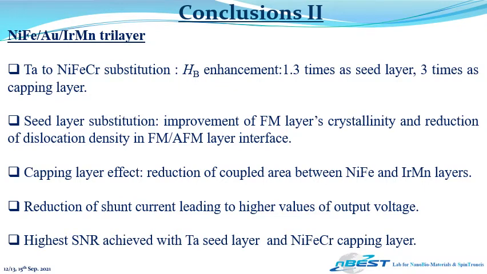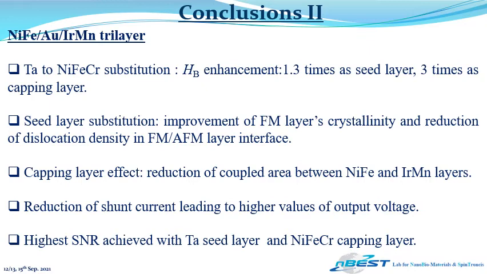To sum up and to conclude, the replacement of tantalum with nickel iron chromium results in an increase in the exchange bias value of 1.3 times as a seed layer and 3 times as a capping layer. The substitution results in the improvement of the ferromagnetic layer's crystallinity and the reduction of the dislocation density at the ferromagnetic and antiferromagnetic layer interface.